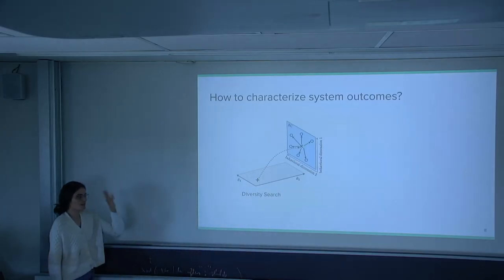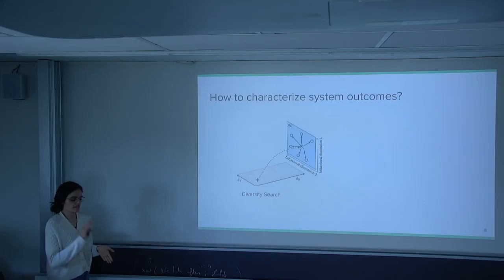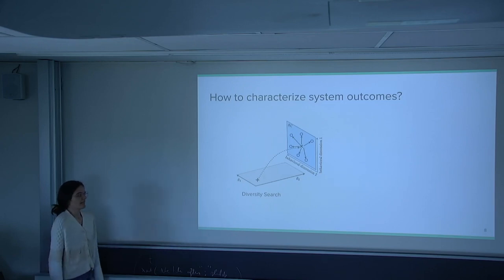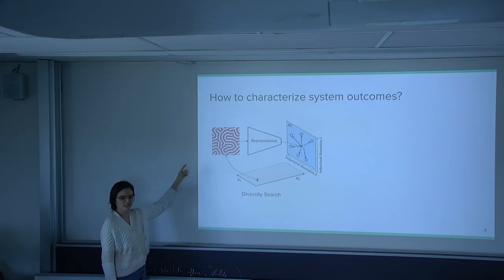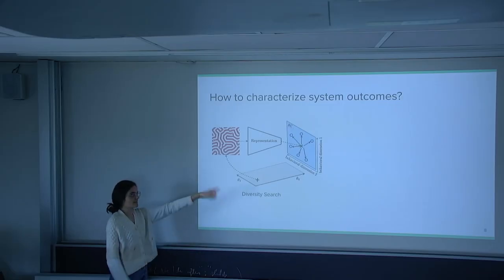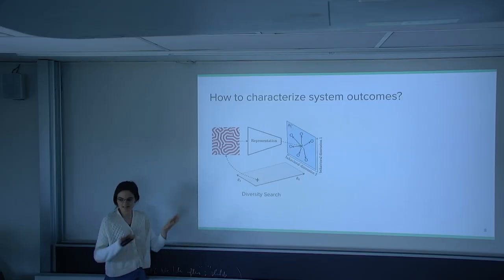For these approaches to be efficient, you need that space to be relatively low dimensional, because if you have a limited budget, you cannot cover a huge space. So it's really a question: how do you start from a high dimensional output like an image or a video in Lenia, and how do you compress it into a low dimensional space that you can then learn to cover?